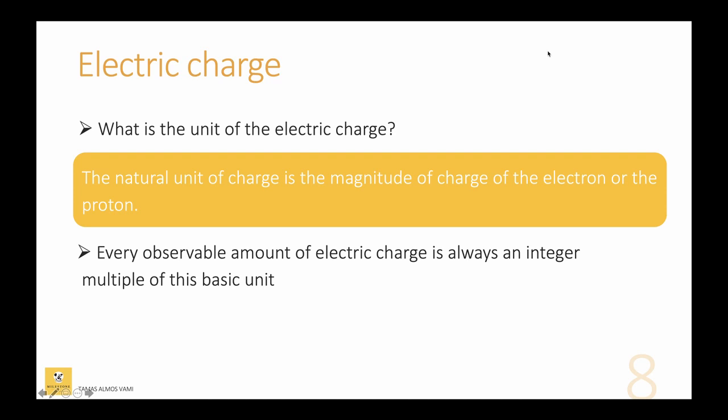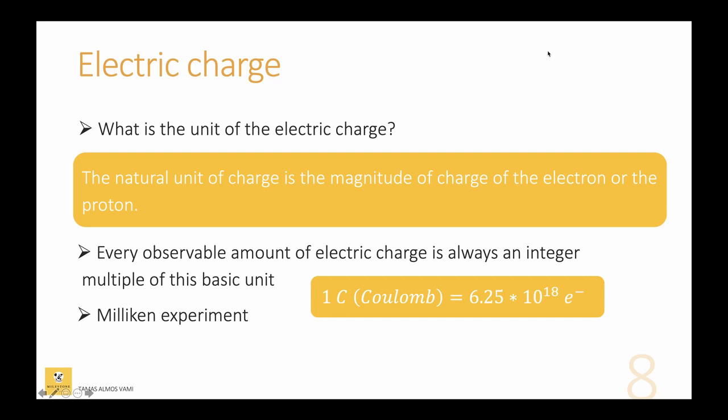And again, what we see from observations is that whenever we see any electric charge around us, it is going to be an integer multiple of this basic unit. If you accumulate enough electrons, precisely 6.25 times 10 to the power of 18 electrons, that is what we call 1 Coulomb.